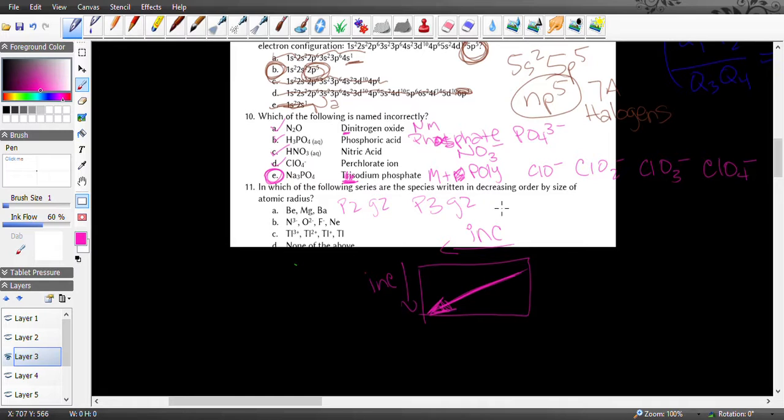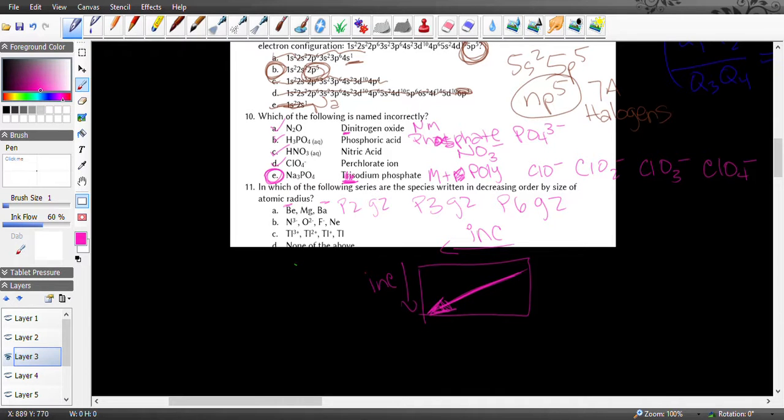And barium, I don't know why I said beryllium. That is period 1, 2, 3, 4, 5, 6. Group 2. So they're all in group 2, but as you go down, it increases, right? We went decreasing, and this is going in increasing order. This would be the smallest, this would be the largest.